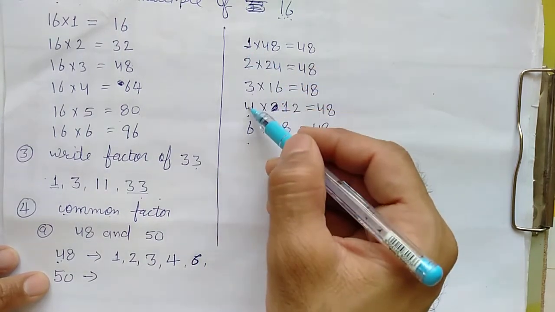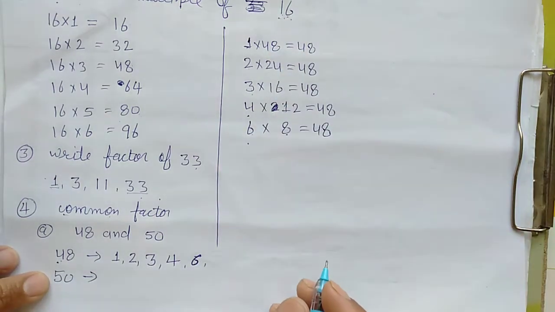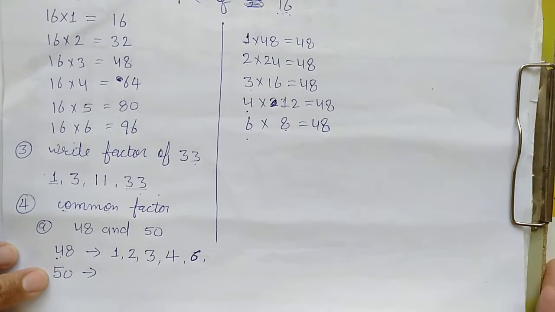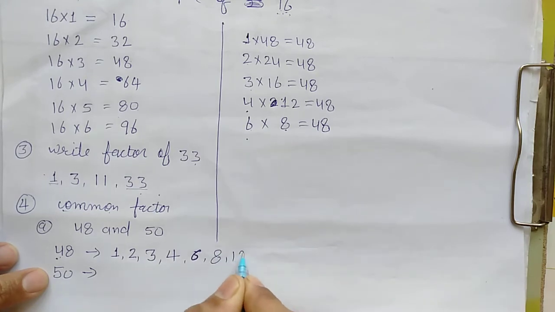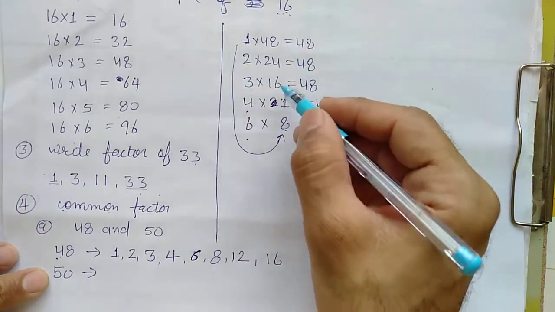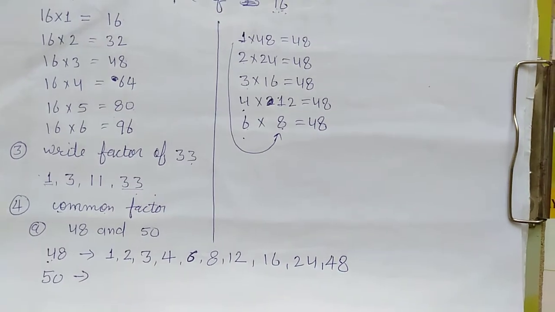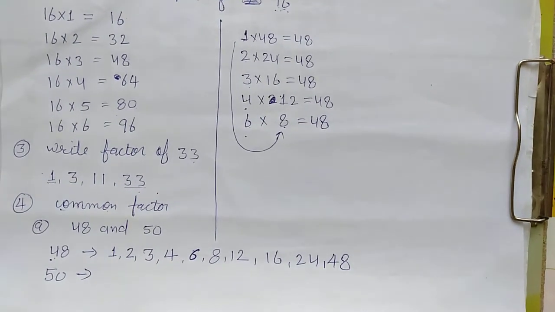So 1, 2, 3, 4, 6, 8, 12, 16, 24 and 48. These are all the factors of 48.